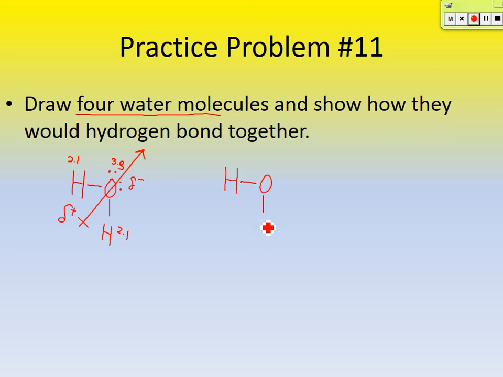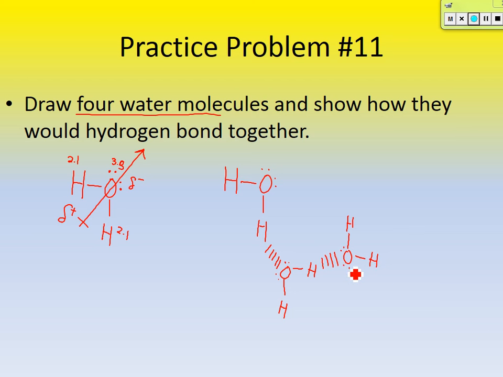So if this is one of them, if we're going to draw another water molecule, you just got to make sure that by the hydrogen, there's an oxygen. And you can take this in any direction you want to go. Let's go this way. But water's bent, so we make sure to draw it bent.